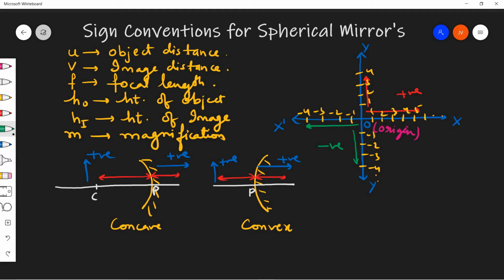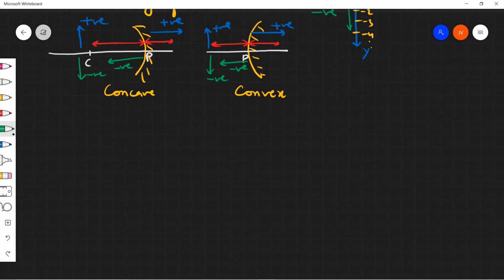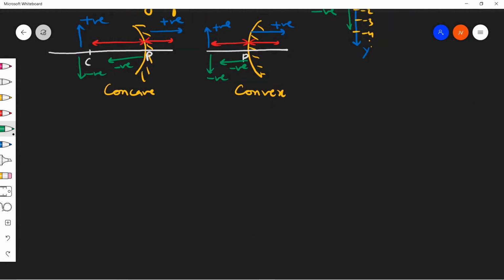Similarly, all distances below principal axis and to the left of the mirror are taken negative, in case of both the mirrors. So these are the three basic sign conventions, and let me write the points on sign conventions.